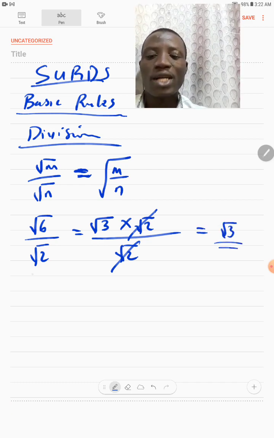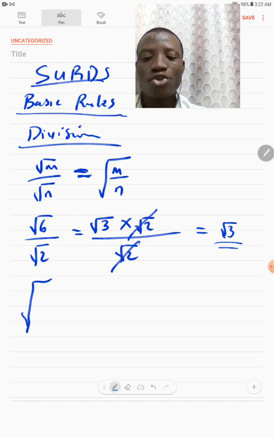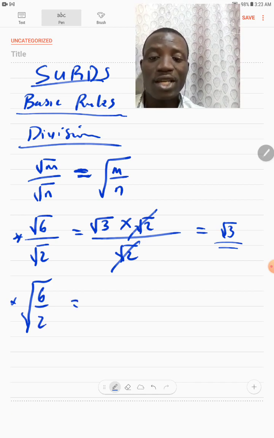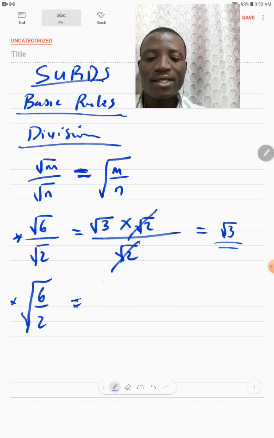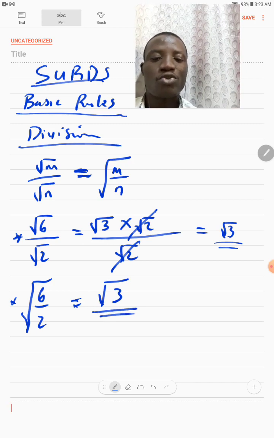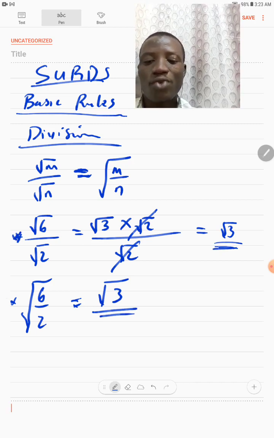So let's look at it. What if we now say root of 6 over 2? This is an example. Since 6 over 2 is actually inside the root, I can divide: 6 divided by 2 will give me 3, and the answer will be root 3. So when we did it this way, we got root 3, and when we did it the other way, we got root 3.